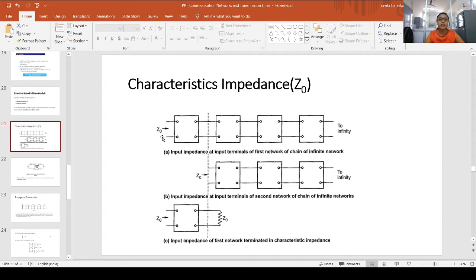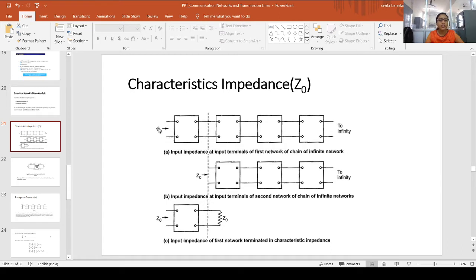We can find it by taking the first two port network and terminating its output terminal, first by shorting the terminal and checking the input impedance, and second by open circuiting the output terminal and calculating the input impedance.